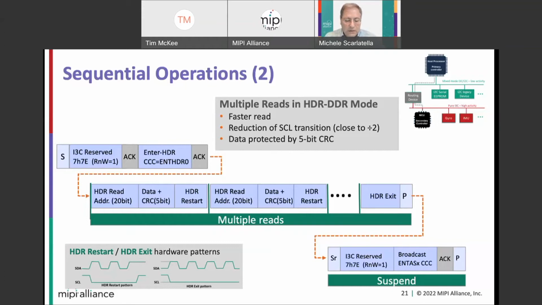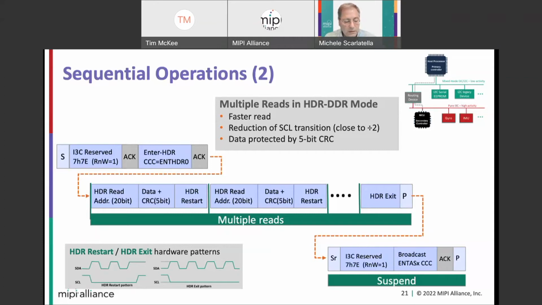And the sequence will be more or less the same, other than all these details about the high data rate. You just scan all the sensors. Here you don't have T-bits anymore, but to separate the different readings, there is a hardware pattern. It's HDR restart. It means you can now change the target to a new one, read the new one, and then at the end there is a specific hardware pattern.